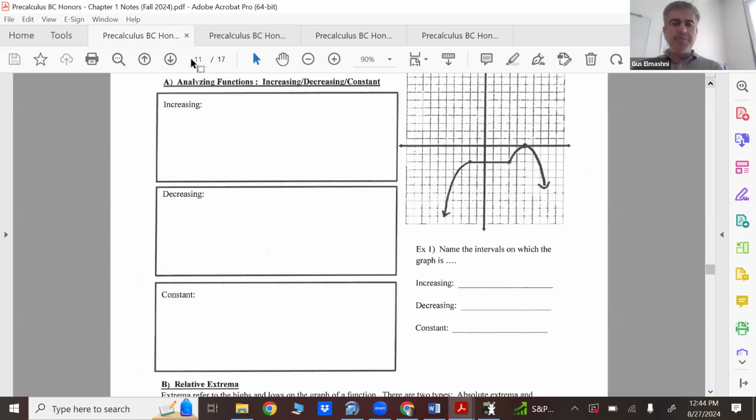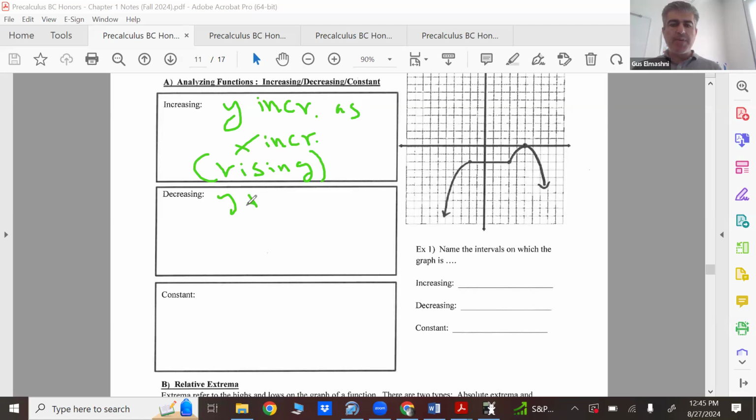Increasing is when y increases as x increases. So the graph is rising, as you would imagine. Decreasing, y is decreasing as x increases. So the graph is falling.